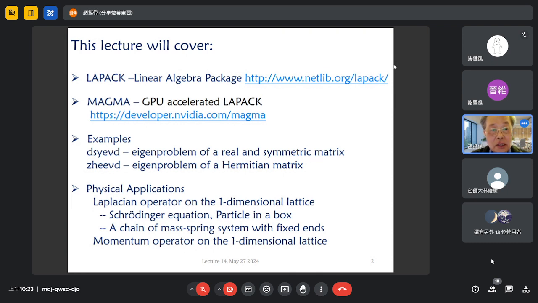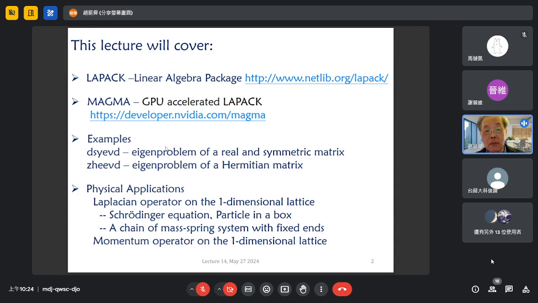And MAGMA is the GPU-accelerated LAPACK. I will give two examples of how to call LAPACK and also how to call MAGMA. One is the eigenproblem of a real symmetric matrix, and another is the eigenproblem of a Hermitian matrix.